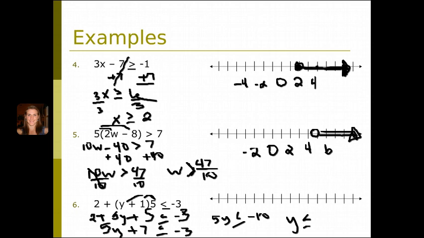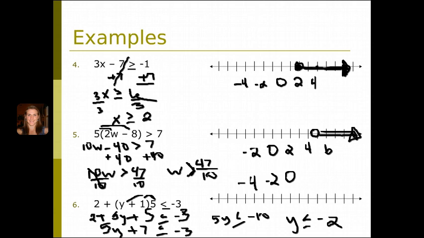Again, to graph that, you're going to plot on your number line, and I'm going to put my numbers up above the line just for simplicity's sake. Plot our starting number, which is -2.